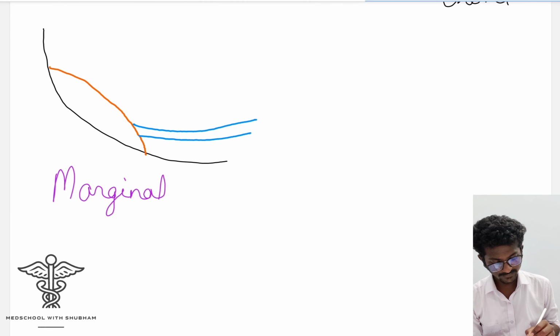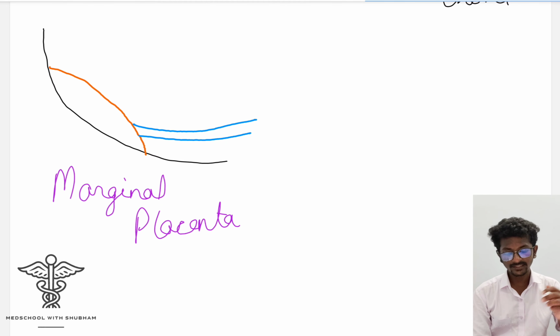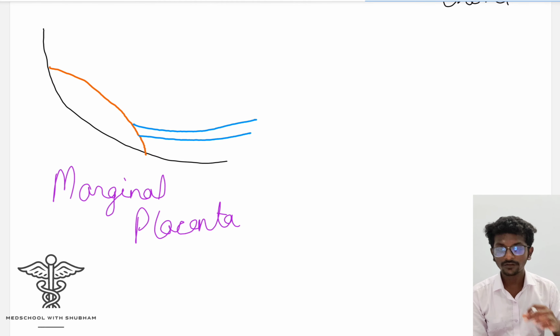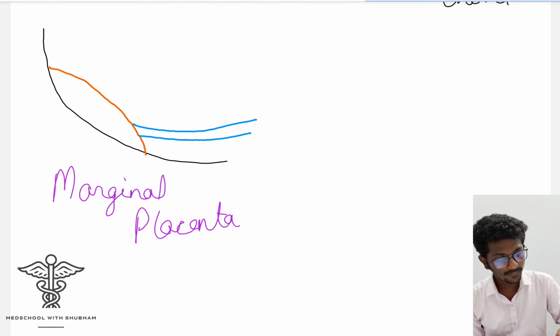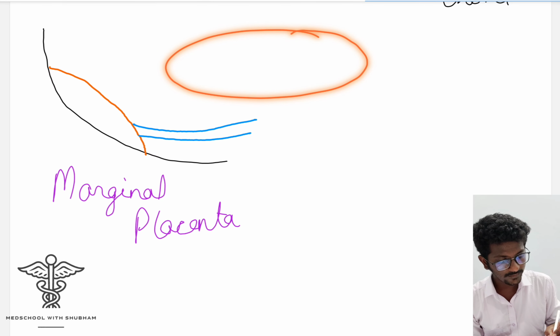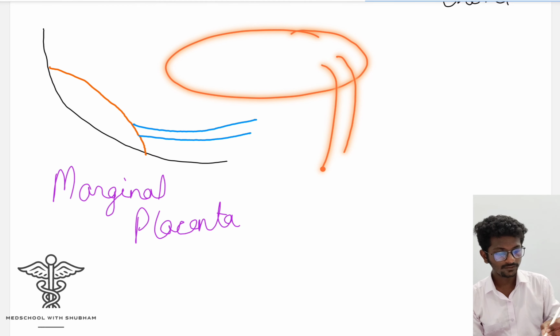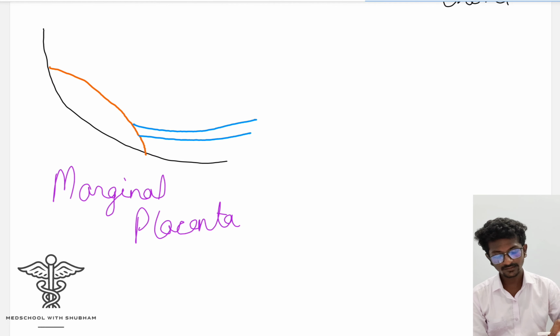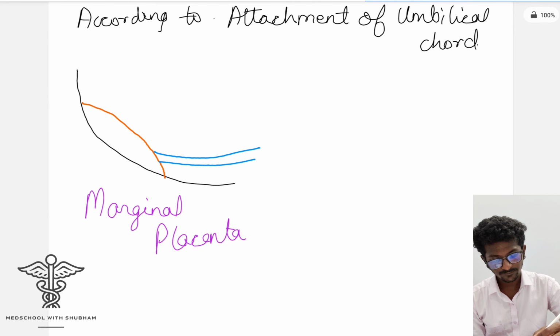When it goes from the margin, it doesn't come from the middle. The umbilical cord enters the placenta from the margin or from the side, then it is called as marginal. Assume that this is the placenta, then you will see the cord somewhere from the side, not from the middle. This is called as marginal placenta.